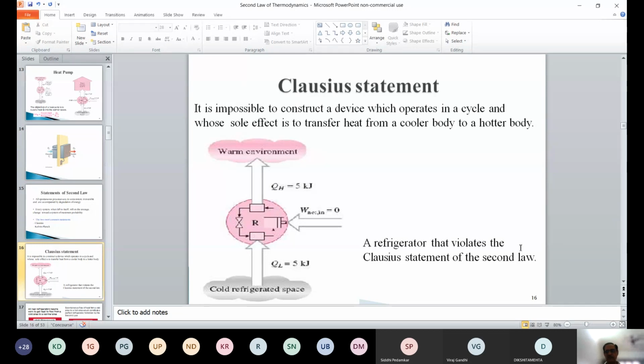Is that what you said, Viraj? It's okay, doesn't matter. Essentially, if you want to transfer heat from low temperature to high temperature, we need to provide some work in order to do that. That's what the Clausius statement says.